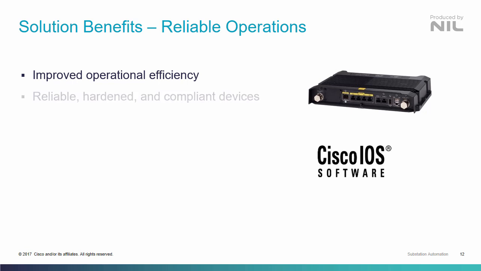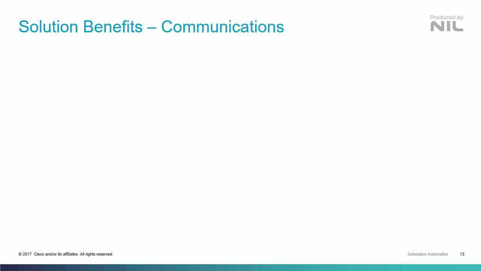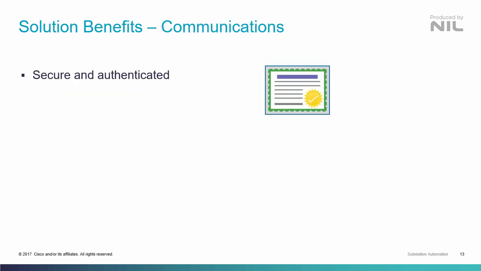This solution uses reliable, hardened, and compliant devices for IED interconnection and SCADA operations support. The IOS feature set offers all capabilities of regular Cisco routers and switches. You can use common SNMP and syslog tools for monitoring and integrating new equipment into the existing network management environment. All communications must be secure and authenticated.